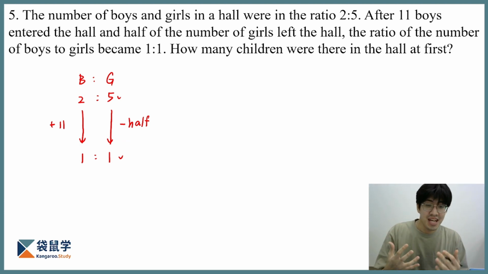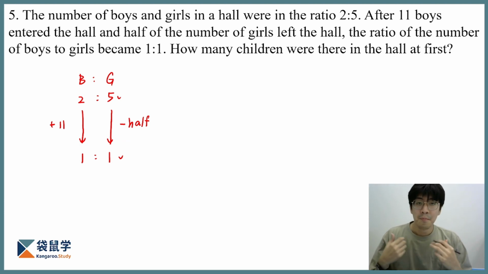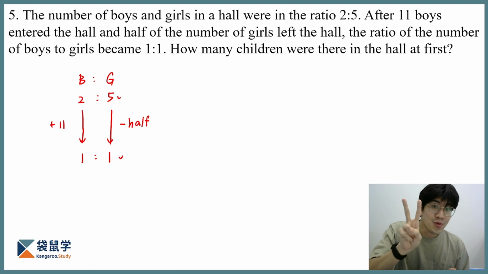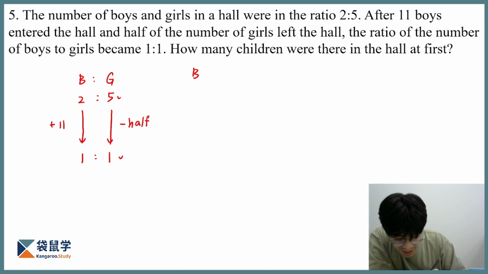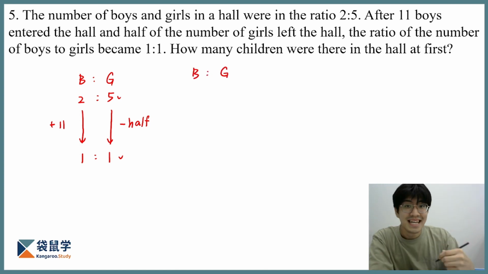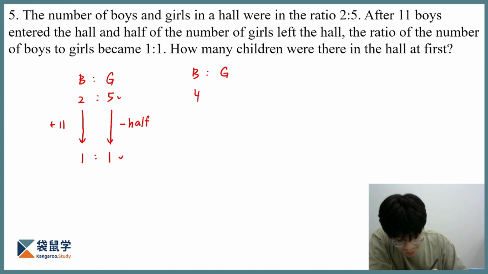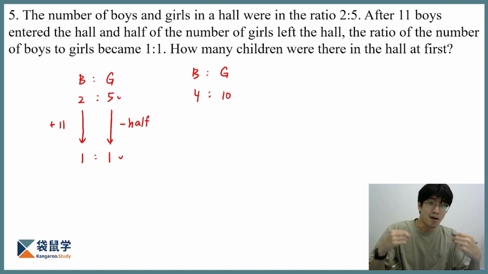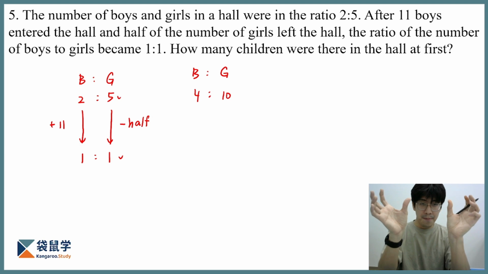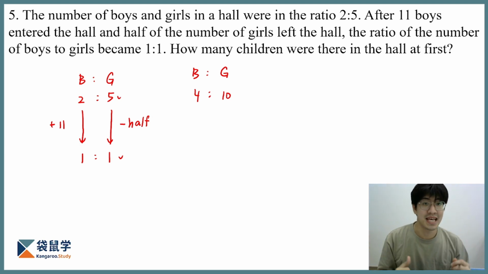Well, I can change the first ratio by multiplying by 2. So now this gives me boys to girls in the beginning as 4 to 10. If I multiply both numbers in the ratio by the same number, the ratio stays the same.